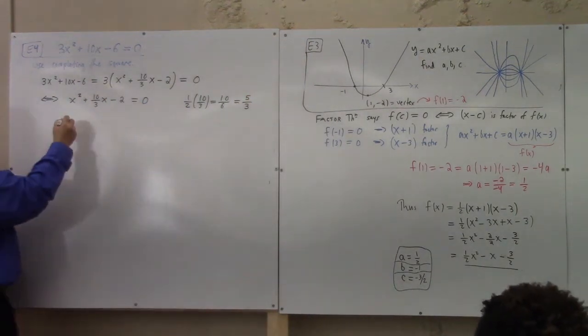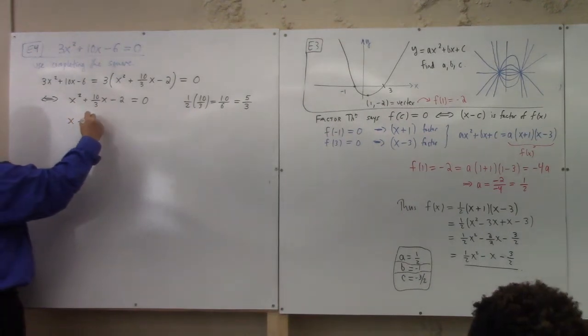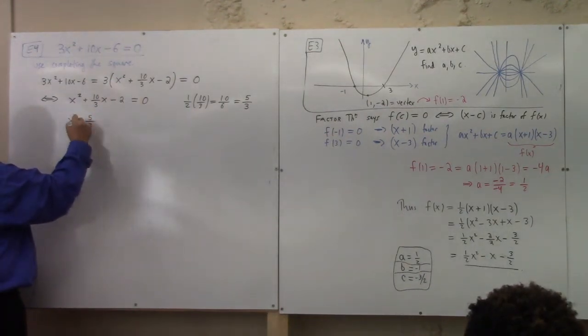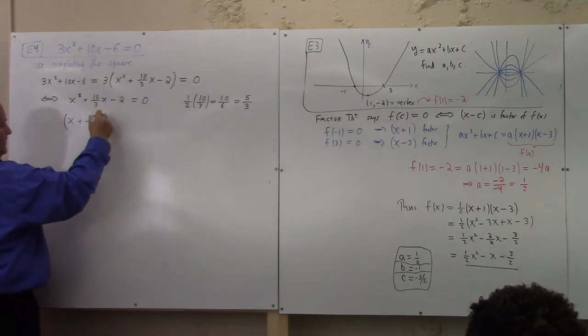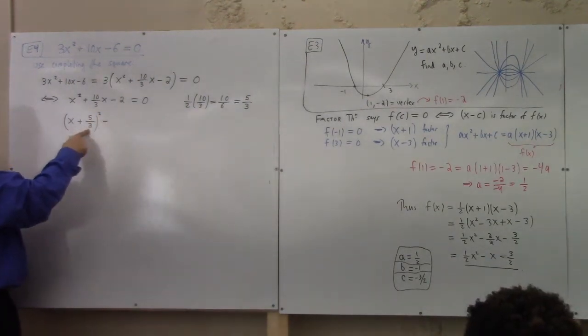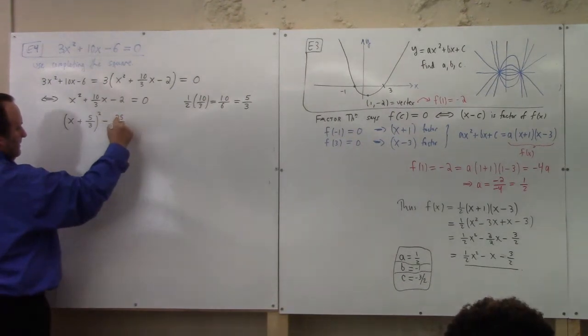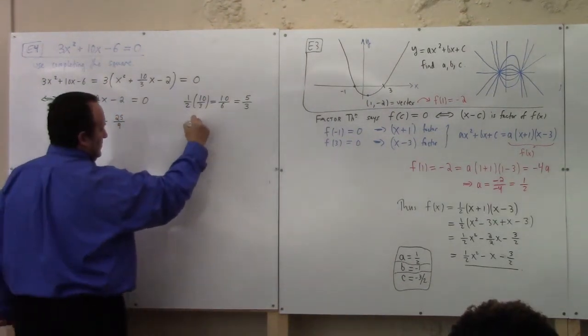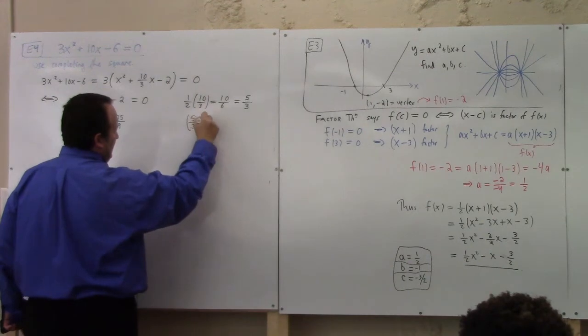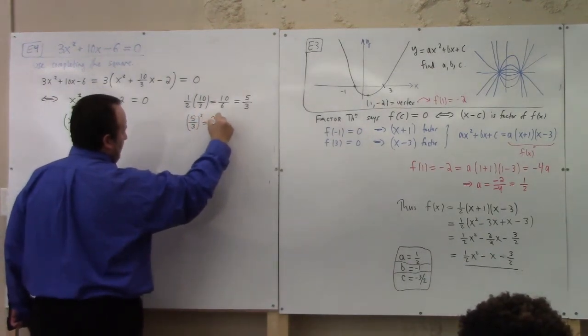So we have x plus 5/3 squared, and then we have to subtract the square of whatever we find here. So we have to subtract 25 over 9 in this case, right? Because 5/3 squared, it's squared, listen to me, is 25 over 9, right?